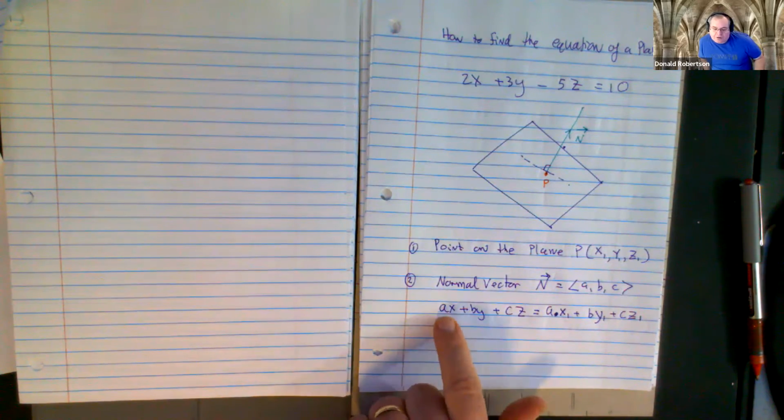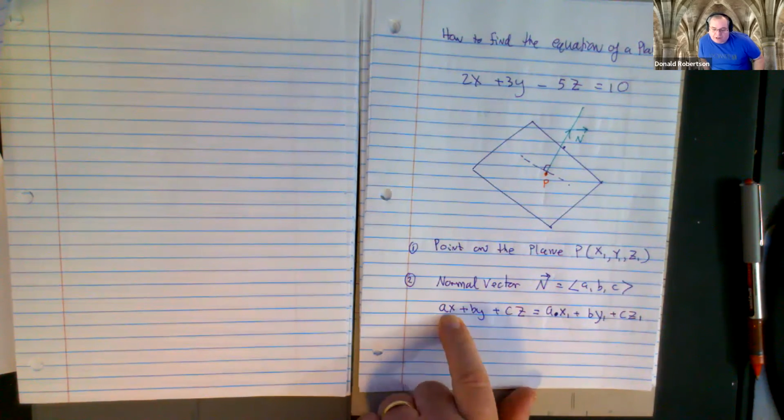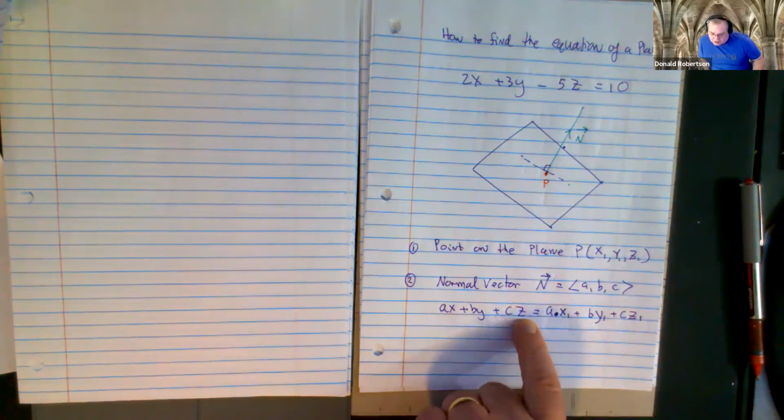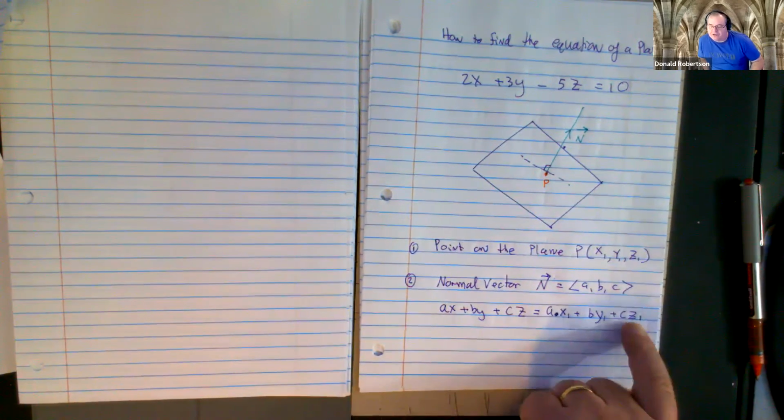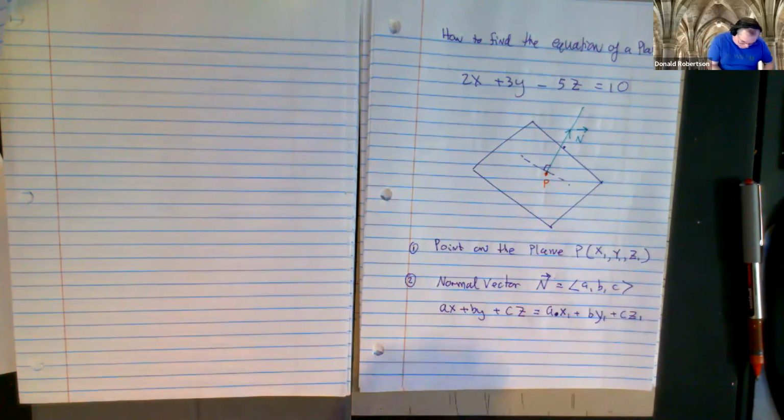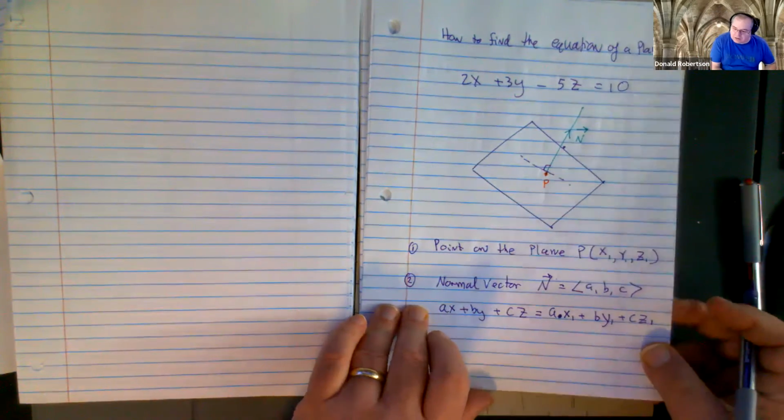So the equation of a plane is ax plus by plus cz equals a times x1 plus b times y1 plus c times z1. It's a rather weird looking formula, would you agree?